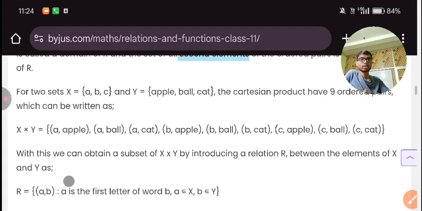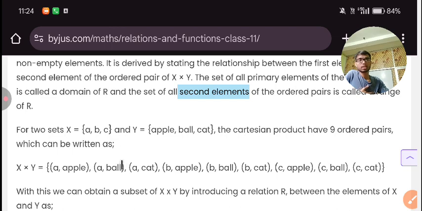Now for two sets, x is equal to {a, b, c}. We have two sets, this one and the second is this, a, b, c, and here we have apple, ball, cat. The Cartesian product has 9 ordered pairs of these two sets. How to say proof? With proof, just multiply the number of these elements by these elements.